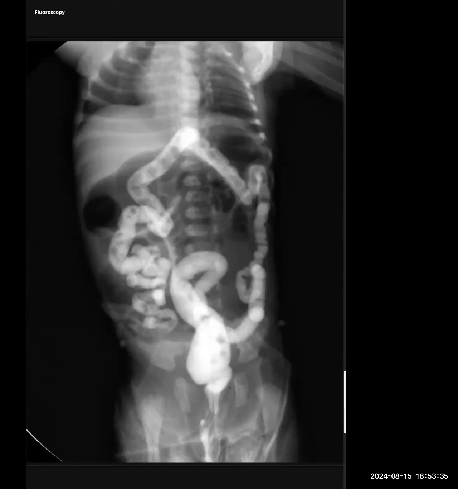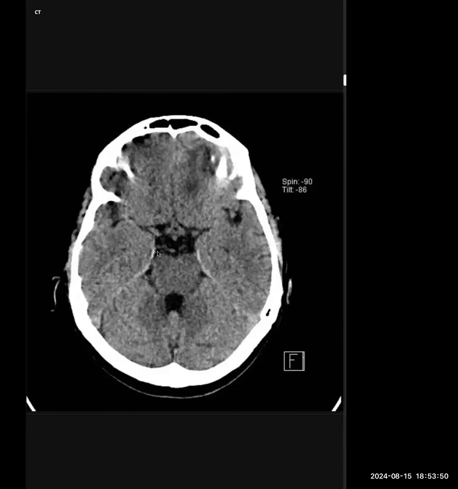And apart from that, I will also refer this case to the pediatric GI team, as well as the surgical team, for further management of the ileal obstruction, with an MDT discussion.